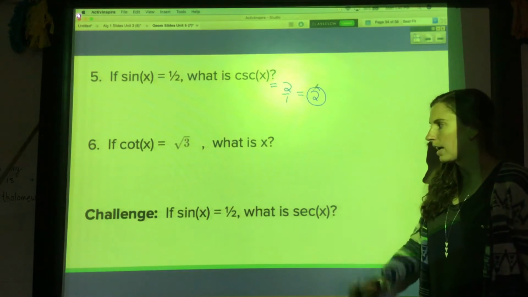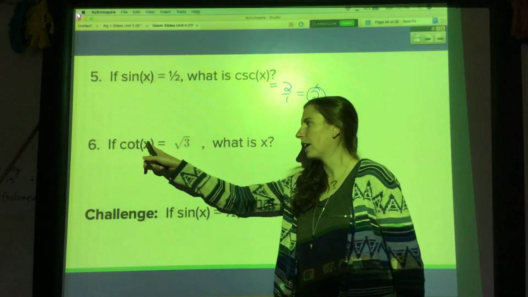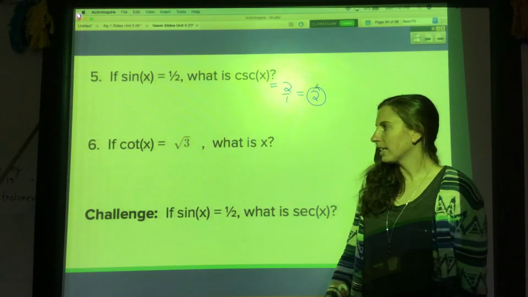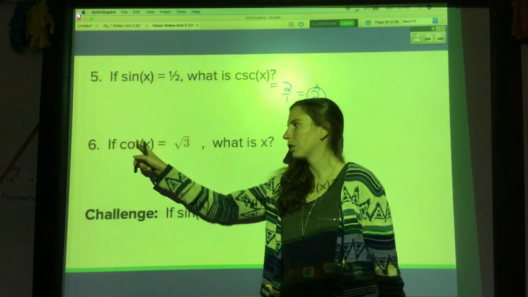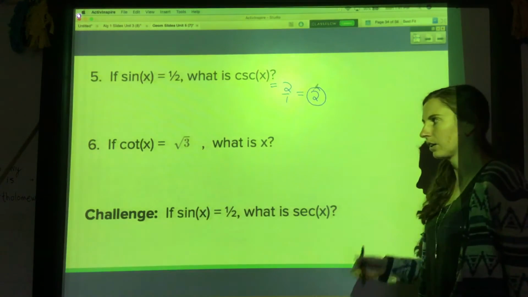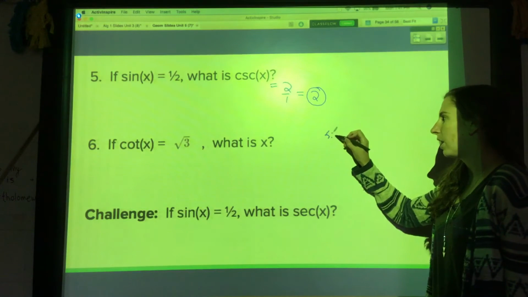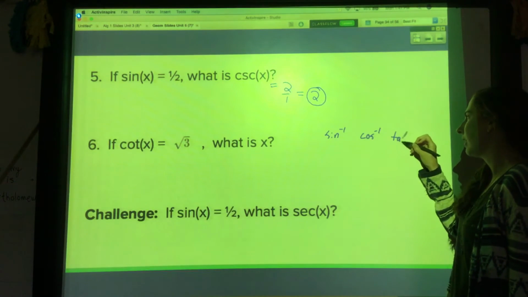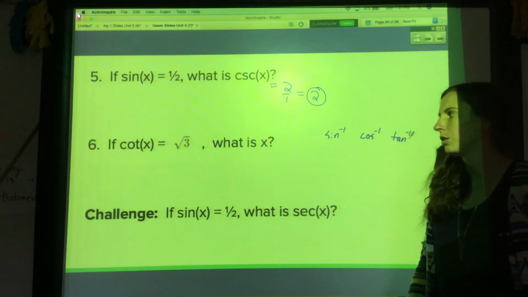And then this one says if the cotangent of x is this, what is x? So basically I need to undo cotangent. And there's not a button for that on your calculator. There's only a button for undoing sine, undoing cosine, and undoing tangent. So here's what you can do.